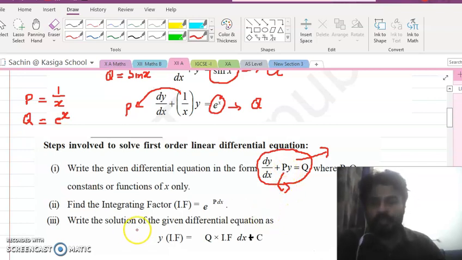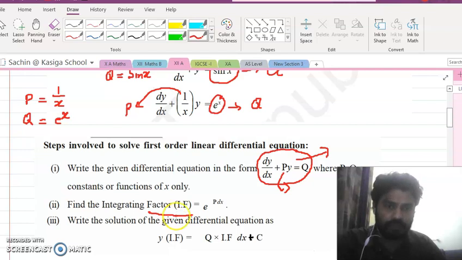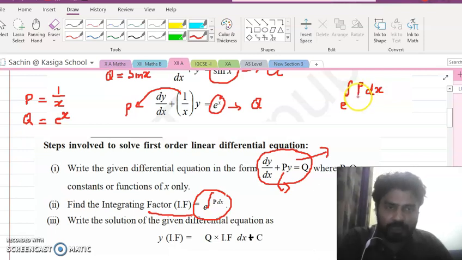Then your next step is to find the integrating factor. The formula for the integrating factor is e to the power integration of p dx. So this p is to be integrated with respect to x.